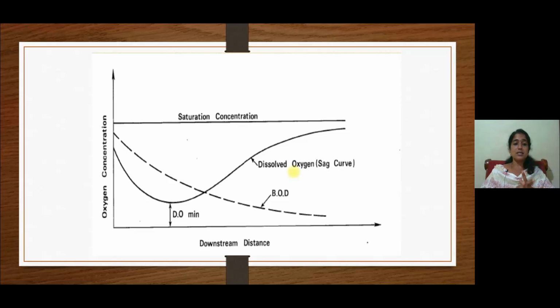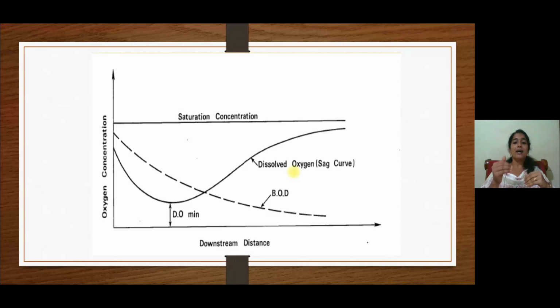This is the oxygen sag curve. In the y-axis, the oxygen concentration, and in the x-axis, the downstream distance. That is the distance traveled by the wastewater through the dilution water, that is the river or stream. Here you can see a straight line parallel to the x-axis, that is the saturation concentration of dissolved oxygen content in the river or stream.